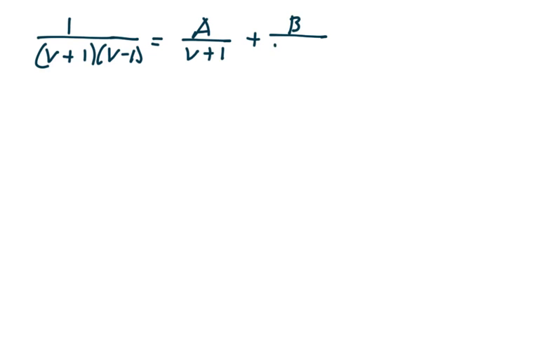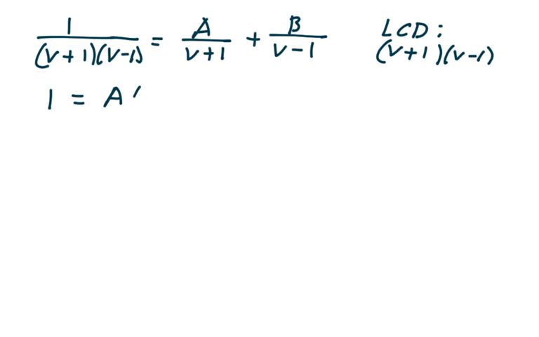To integrate the second fraction, we need partial fraction decomposition. So 1 over v plus 1 times v minus 1 is going to be split off into a over v plus 1 plus b divided by v minus 1. So I'm going to multiply through by the LCD, and the LCD is v plus 1 times v minus 1. So 1 is a times v minus 1 plus b times v plus 1.